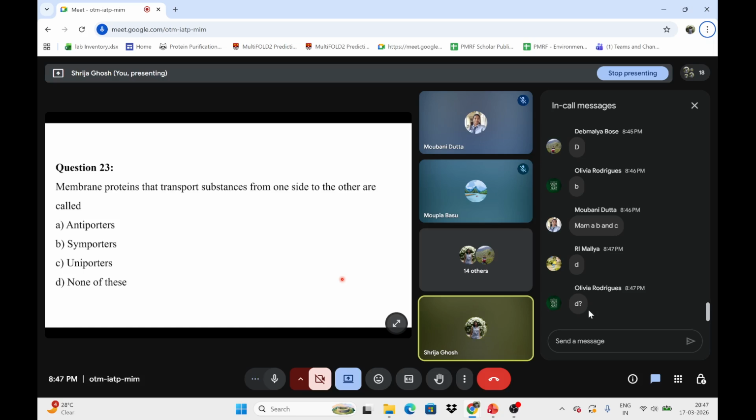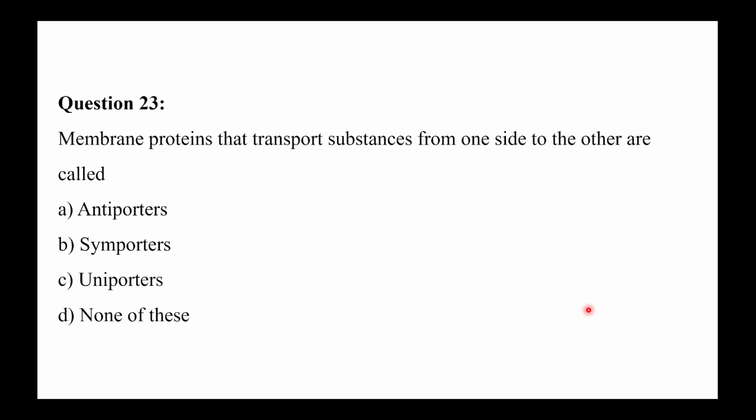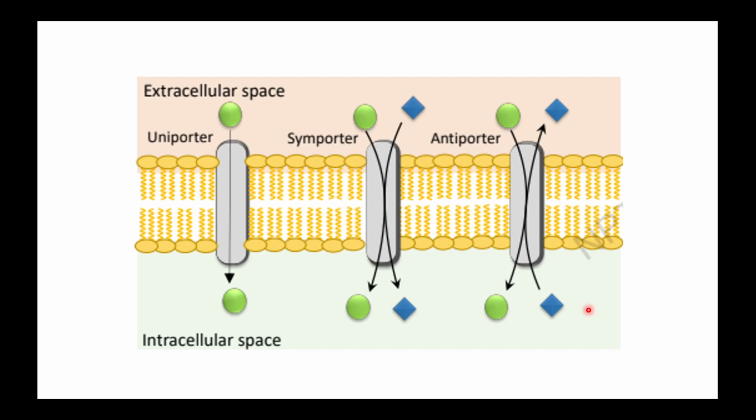So the answer would be option C, uniporters. By the name itself, it can only transport substances from one side to the other and not from this side to that side. If it is transporting from extracellular to intracellular space, it can only transport in one direction.